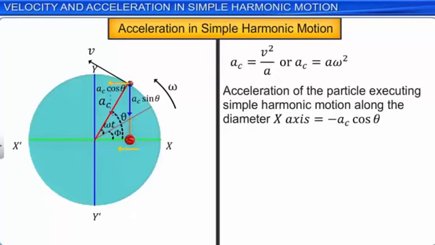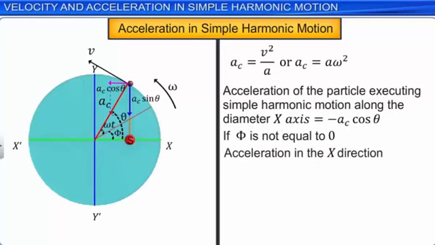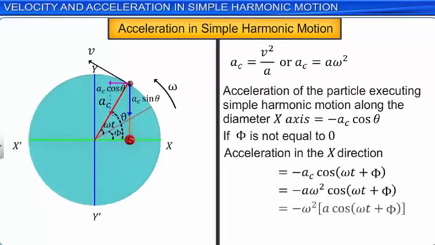If the initial phase phi is not equal to 0, the acceleration of the projection in simple harmonic motion is equal to minus a_c cos(omega t plus phi), which in turn can be written as minus a omega square cos(omega t plus phi). On rearranging, we get minus omega square into a cos(omega t plus phi).